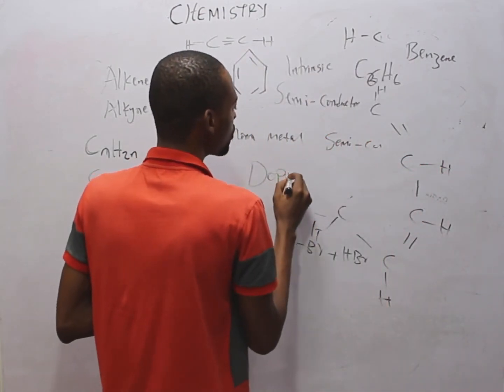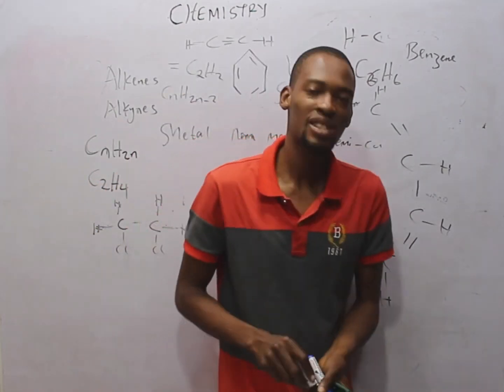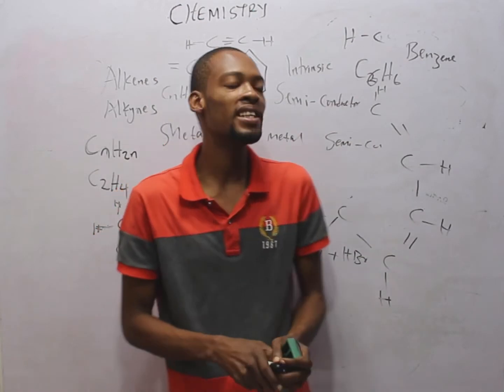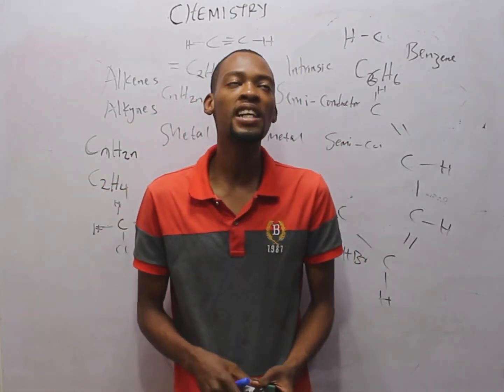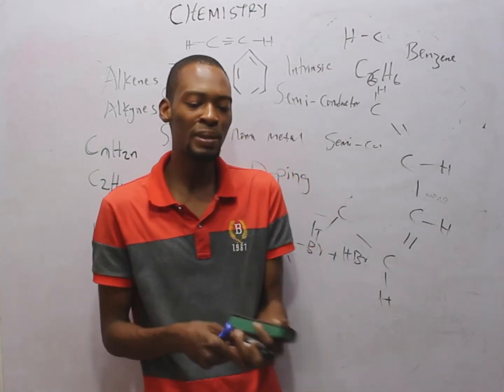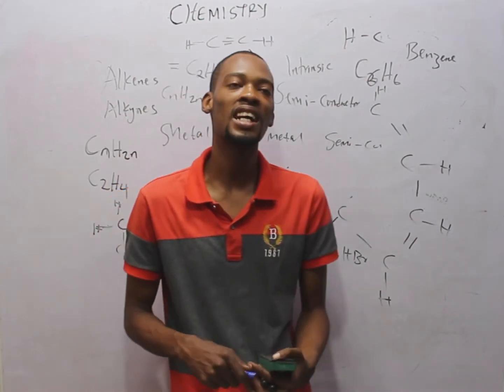Doping is the process of adding impurities to semiconductors. To dope, we can use either trivalent or pentavalent impurities. Trivalent elements have 3 electrons in the outermost shell, while pentavalent have 5.